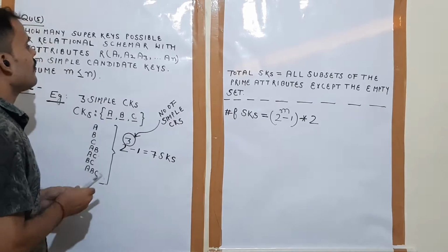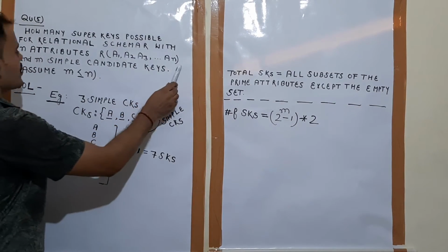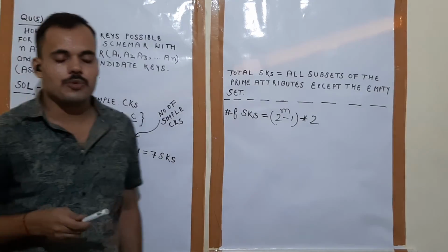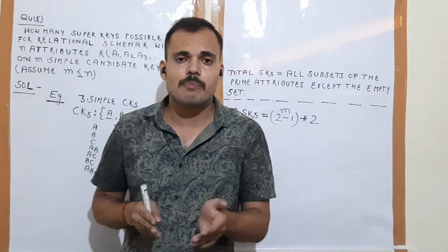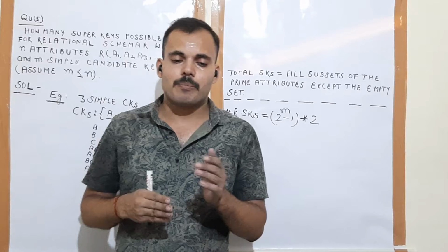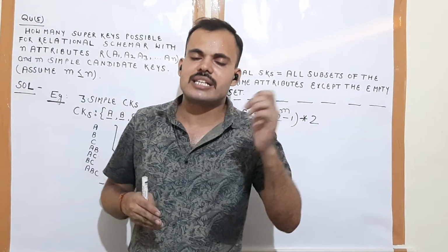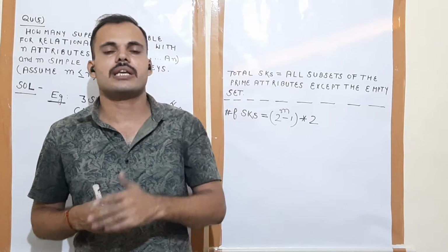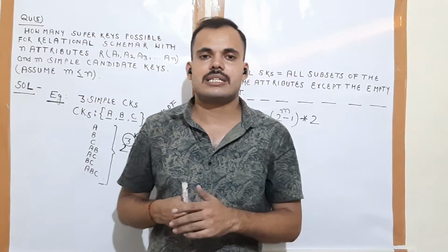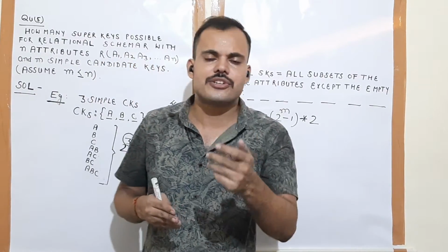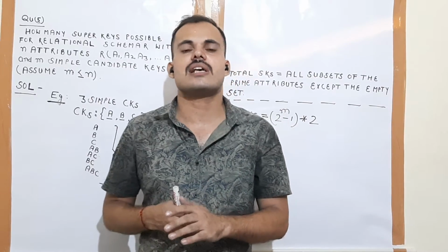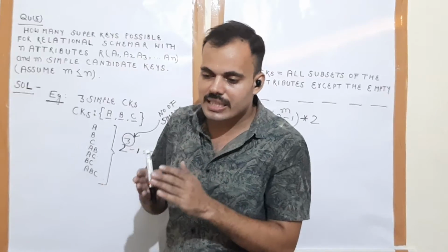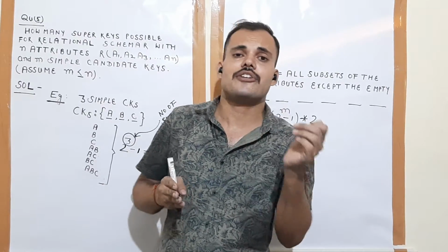Understood? If there are m attributes and m attributes are prime attributes, because there are m simple candidate keys, and simple candidate keys mean each candidate key consists of one attribute, so there are m prime attributes, and in the relational schema R there are n attributes total.